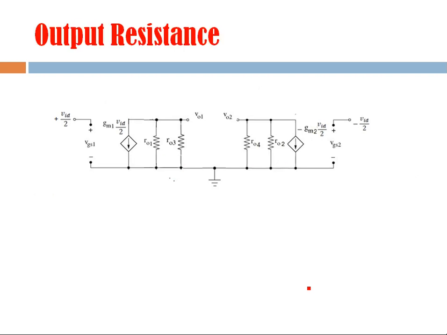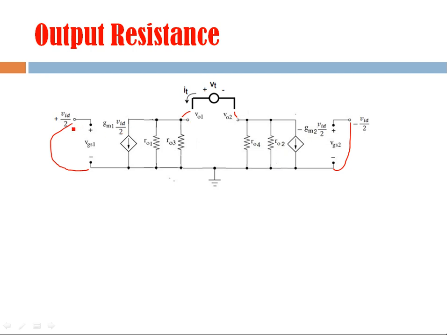Now we will find out the output resistance. For finding out output resistance, what we have to do is connect a voltage source to this point, right? And this node will be connected to this, and this input will be grounded, and same way this input will also be grounded, right?